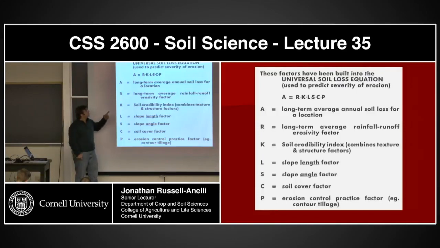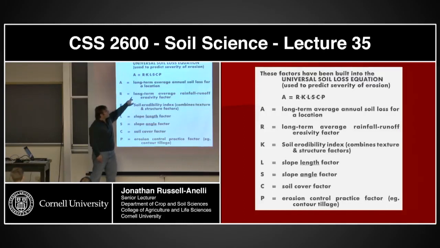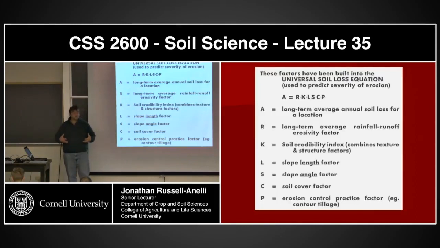Okay, let's start with the equation. A is basically the sediment load. How much sediment is coming out of a watershed? Okay? And in that watershed, there's a couple things that you should know about. First is R. Okay? And this is basically the long-term average of rainfall as an effect on the landscape. We call it an erosivity factor. Okay?